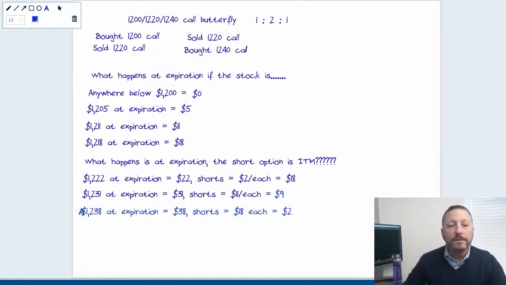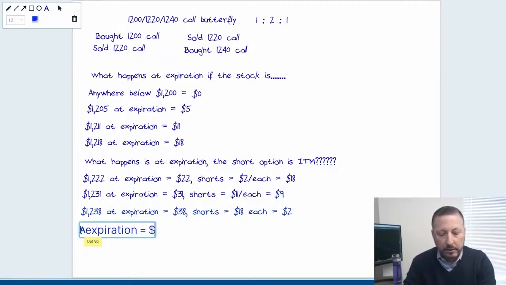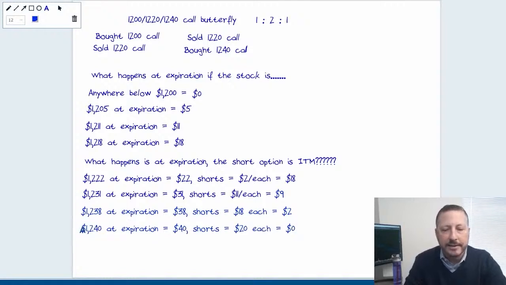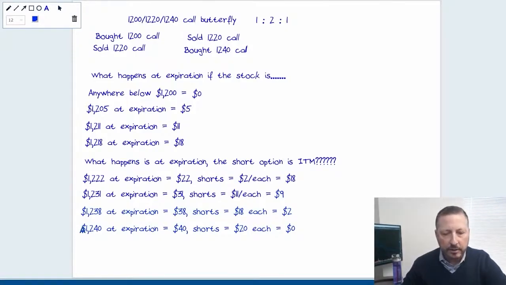And then at 1240, okay, the magic of 1240 being the upper end, the long is going to be worth 40. The shorts are worth $20 each. So the overall value is 0. What happens then at any price over the top strike at expiration, the value is going to be 0.